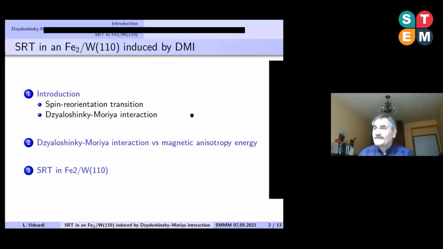At the beginning, I would like to summarize very briefly something about the spin reorientation transition and the behavior of the Dzyaloshinskii-Moriya interaction and the effects related to it. And then I would like to show you our results on some Monte Carlo simulations on that system.